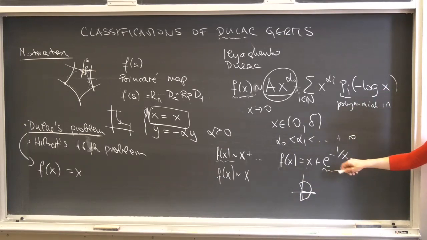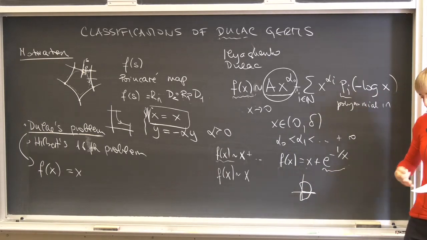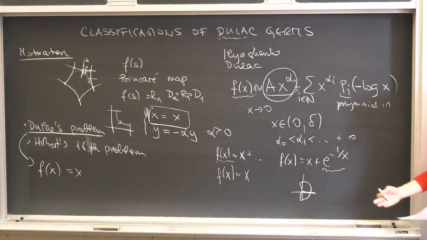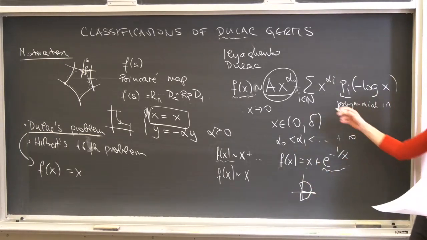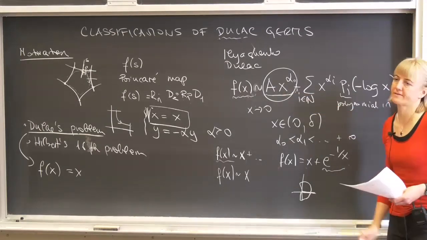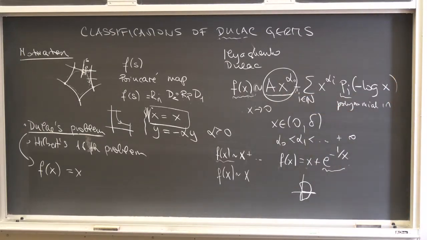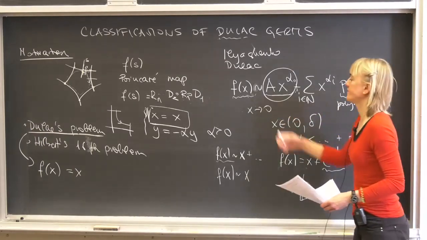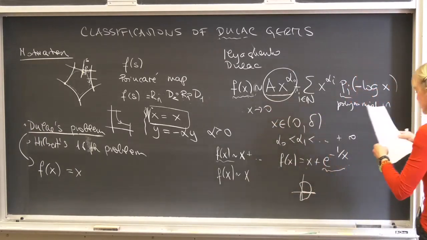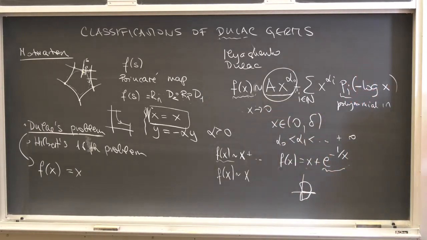So actually, this is the idea, to go to the complex domain to find a sufficiently big domain so that we can say that the germ is uniquely determined by the asymptotic expansion. So this is the idea of Ilyashenko's standard quadratic domain.